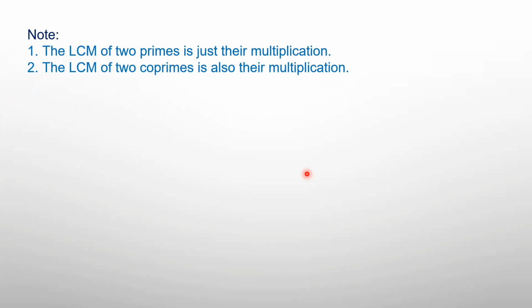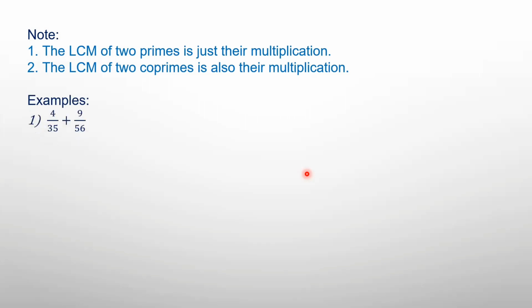So if any two prime numbers are given and we are asked for the LCM, we just multiply those two numbers. Second property: the LCM of two co-primes is also their multiplication. Two co-primes means there is no common divisor between those two numbers.